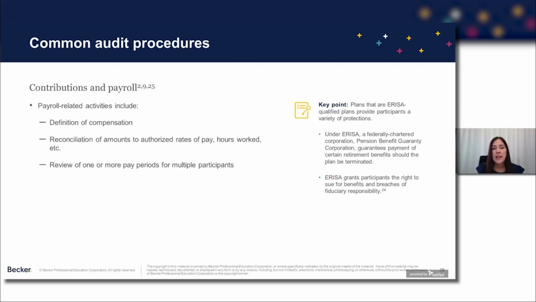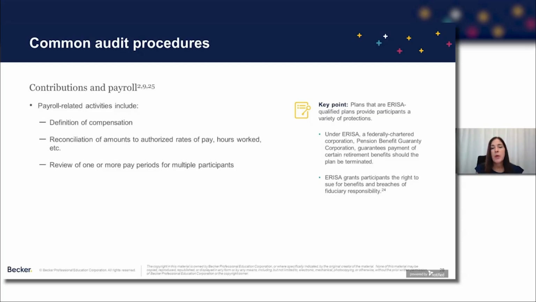When we're looking at that definition of compensation and we're looking at the contributions that are withheld from the participant's wages, you can approach this from a couple different perspectives. You can look at one or more pay periods during the year, or you can look at total compensation for the year. It's entirely up to you.